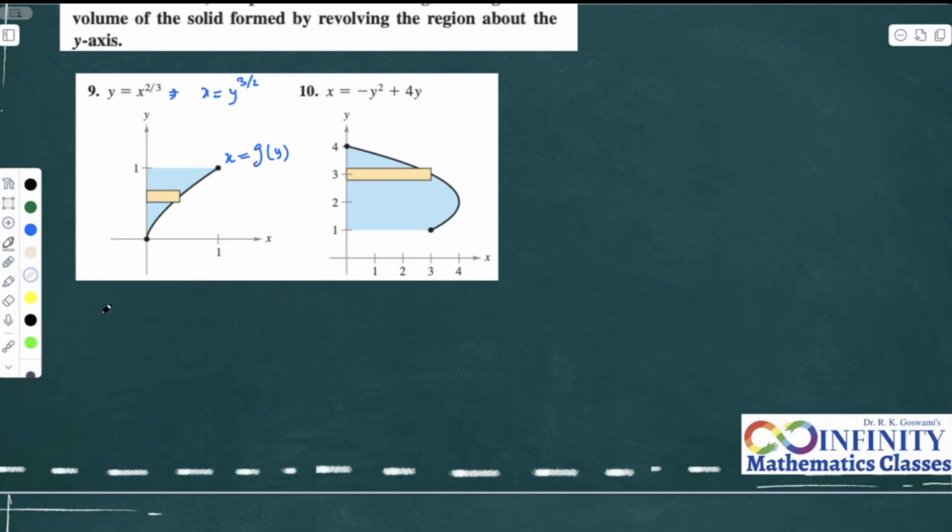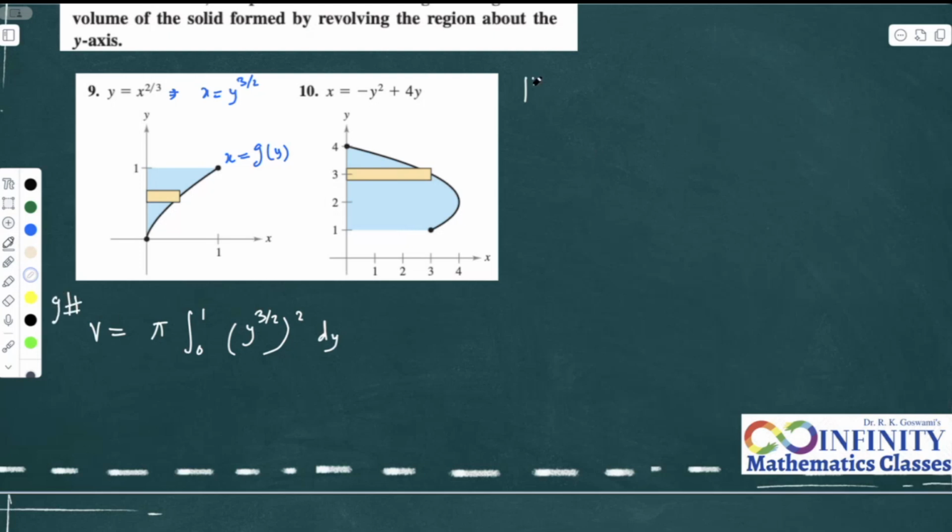Quickly help me with the answer for question number 9. So would that just be pi the integral from 0 to 1 of y to the 3 halves power, squared, dy? Perfectly okay, no issues.